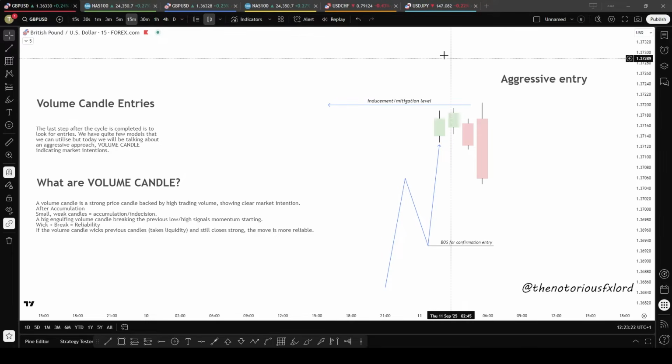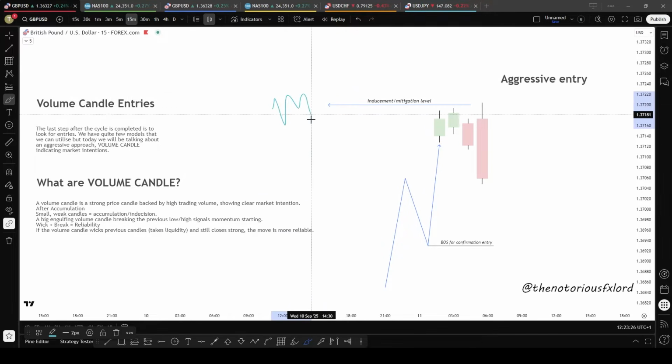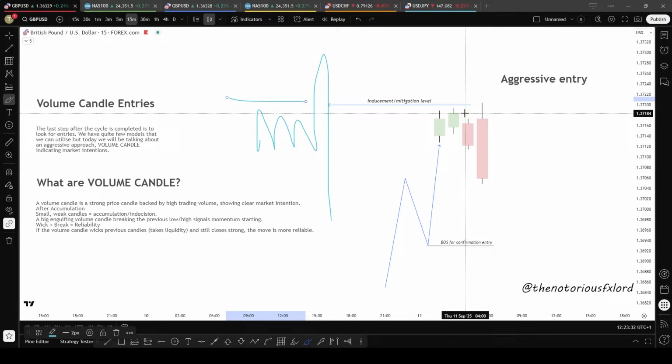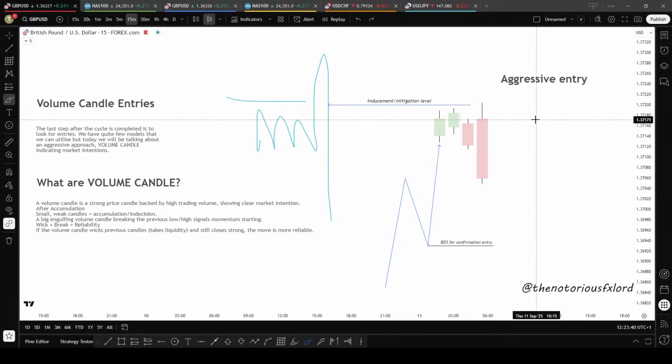So how can we utilize it? Say that in this particular example, price goes back to a level of, okay, let me just draw it quickly. Price goes back to a level of inducement or mitigation, and then we start to see weak candles like this, maybe indecision candles, and then we see a strong volume candle. So let's say this is our PY.